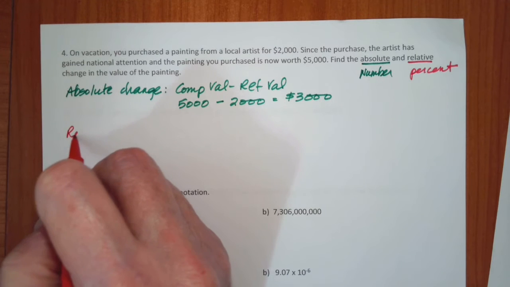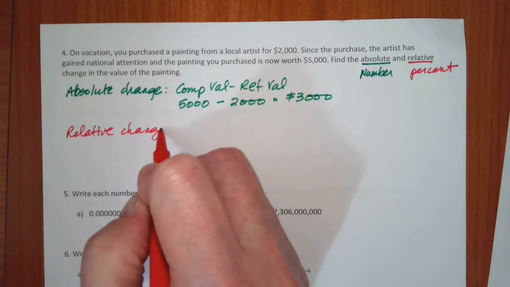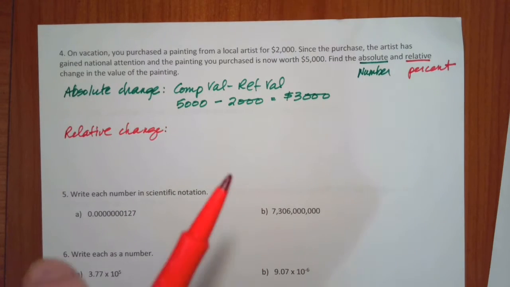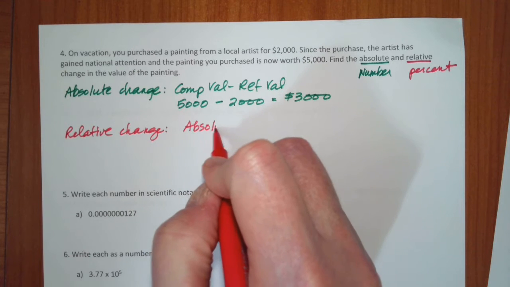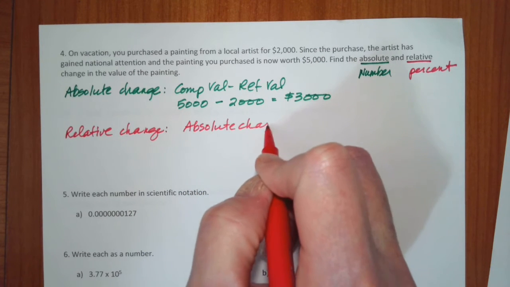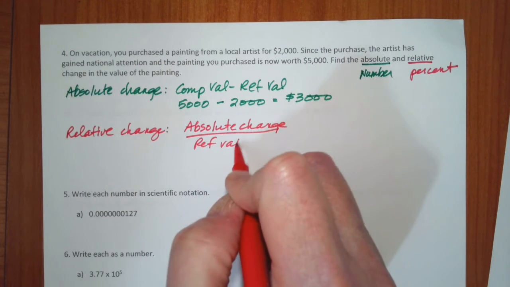For the relative change, there are two formulas you can use. You can either use that it's the absolute change divided by the reference value.